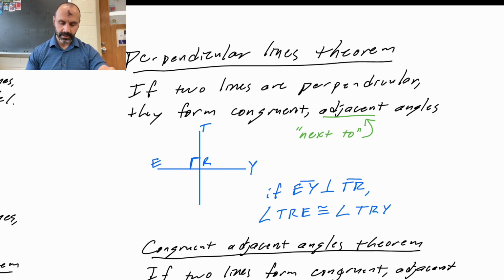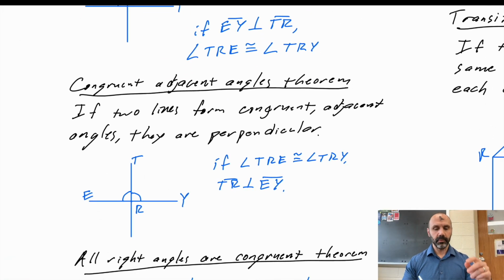That means that angle TRE is congruent to angle TRY because they're both 90 degrees. Okay, and so perpendicular lines form pairs of congruent adjacent angles. And then it also goes the other way. That's this one. If we have two lines that form congruent adjacent angles, that means that they must be perpendicular to each other, right? There's no other way to do it. If these two angles are congruent and adjacent, they have to be 90 degrees.